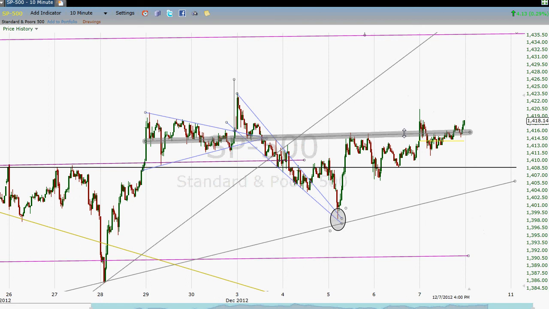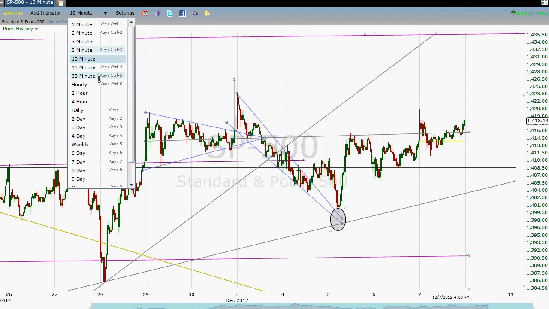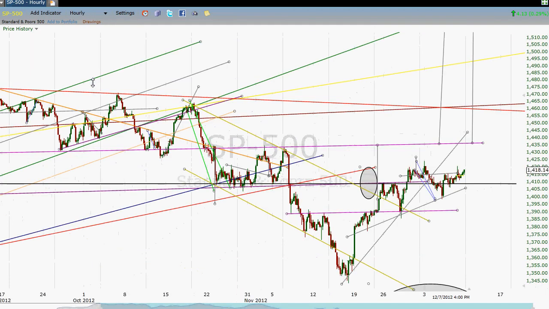But I take it as a slight positive that we are over this line right here. And keep in mind, we still have a target of about 1435, 1436 from this inverse head and shoulders pattern down here. So if we reach that level this week, guys, I would expect some resistance there.